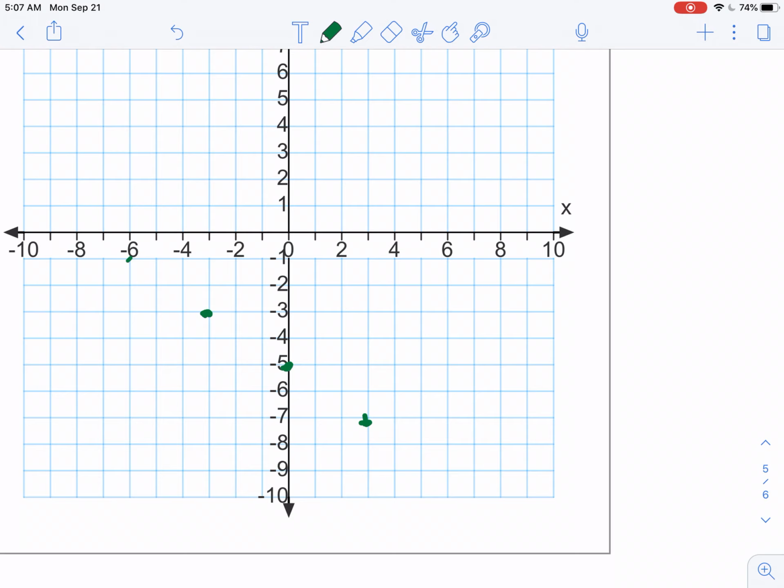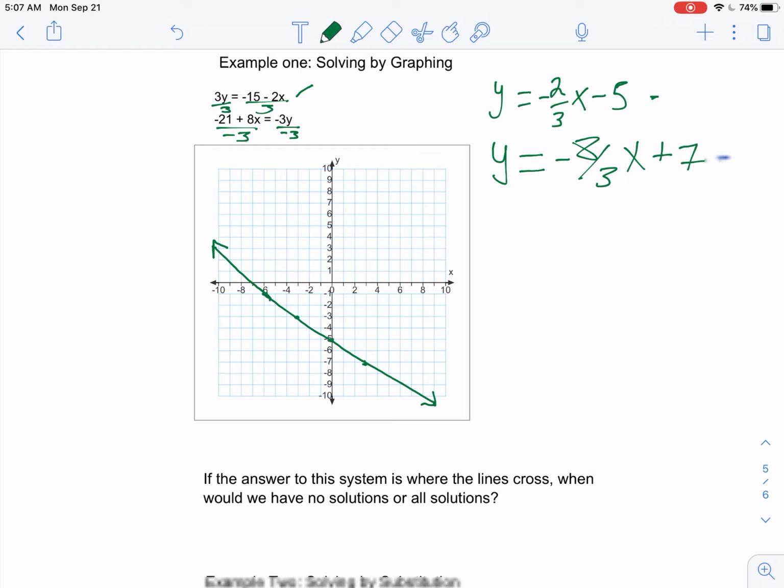And then we are going to plot this line. Boom. There's our first line. You'll notice that I extended the line all the way out. That's super important for these because we're going to find that out in a couple minutes.